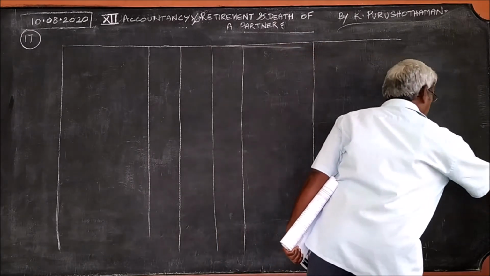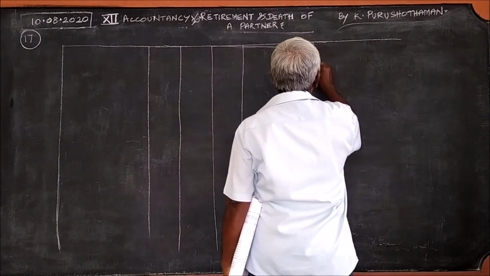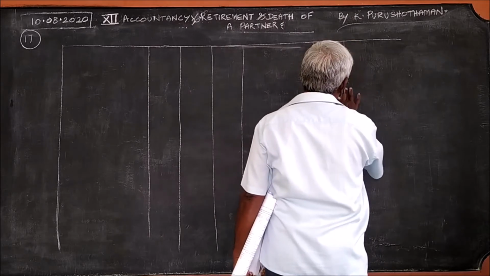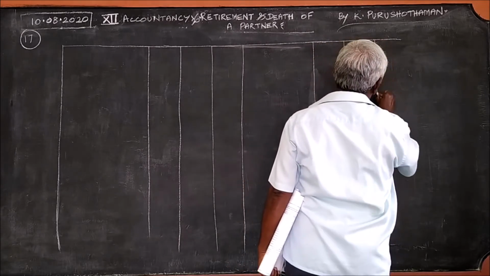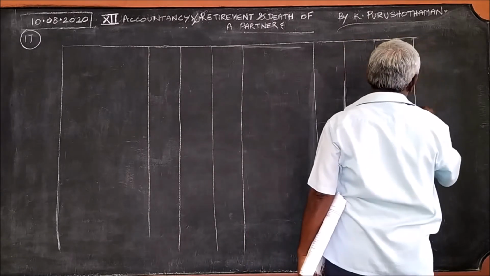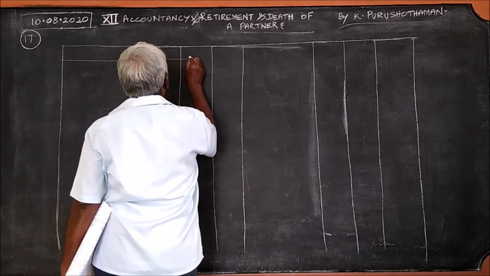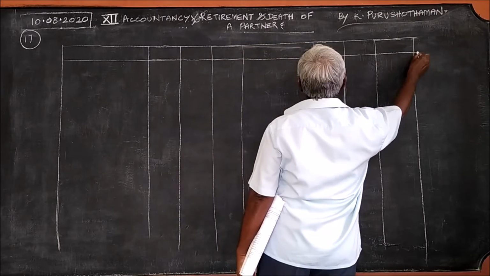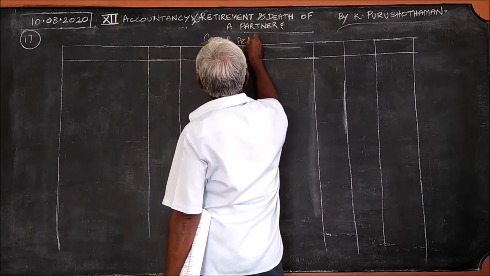Particulars, and the 3 columns for the partners. This is the capital account.